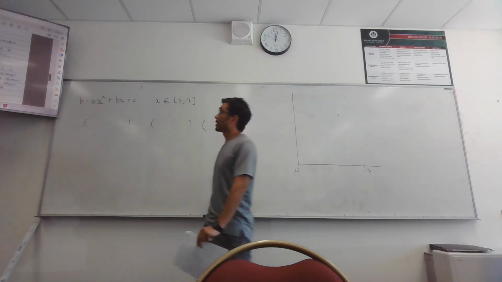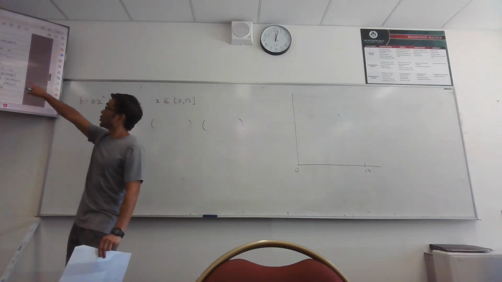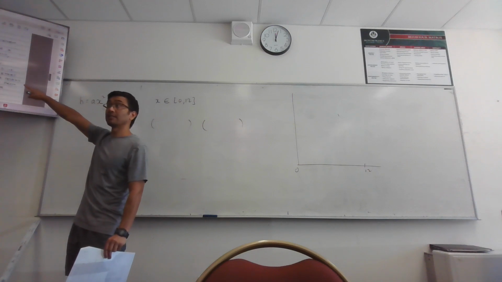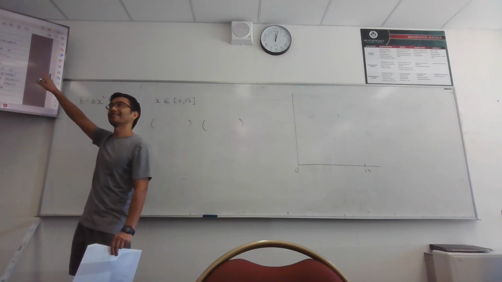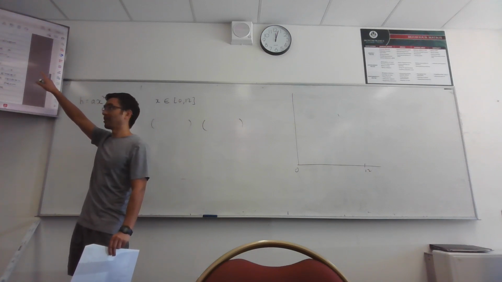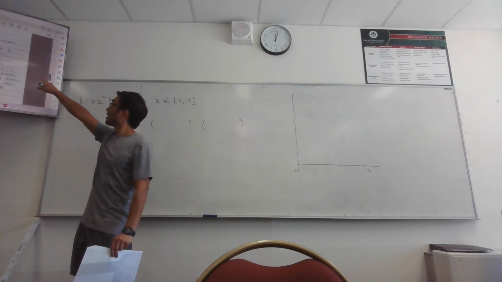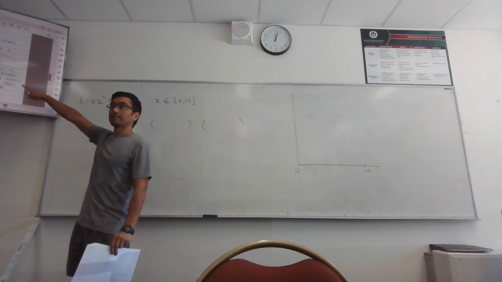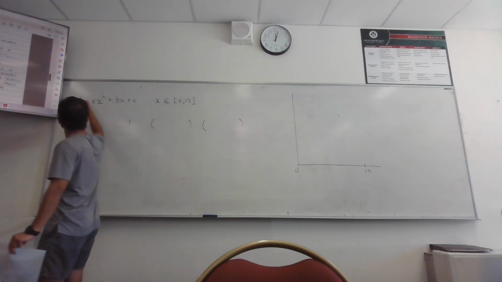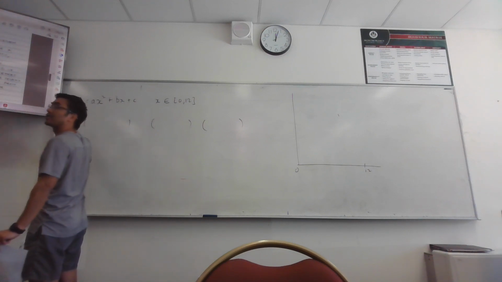From 0 to 12. It begins 48 meters above the ground. Can everyone see? It's just saying x can be any of the points between 0 and 12.